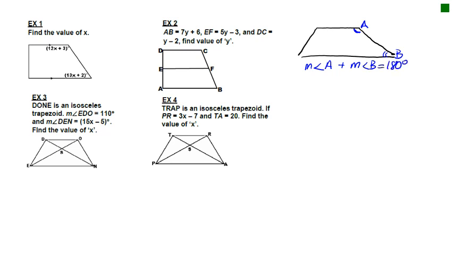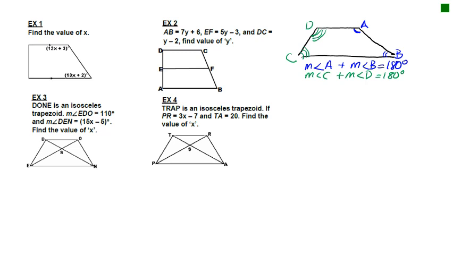Those two angles together are going to be supplementary, just like this angle and this angle are also going to be supplementary. We'll call that C and D. So the measure of angle C plus the measure of angle D, also supplementary.